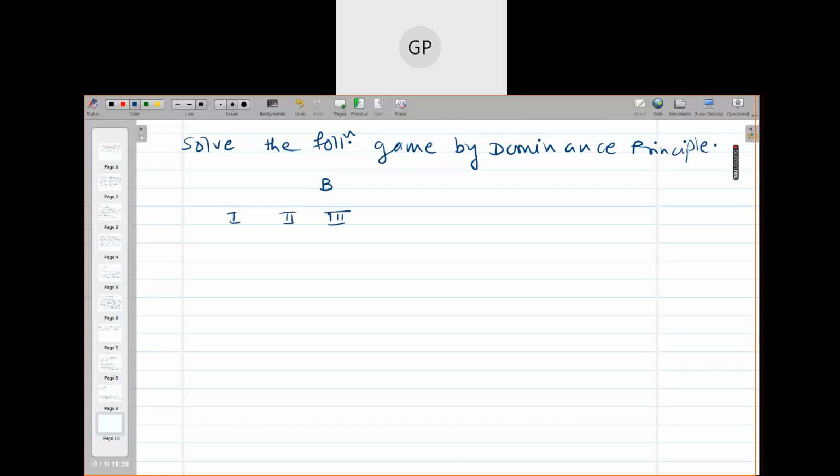Yes, solve the game by dominance principle. So player B has got 6 strategies.